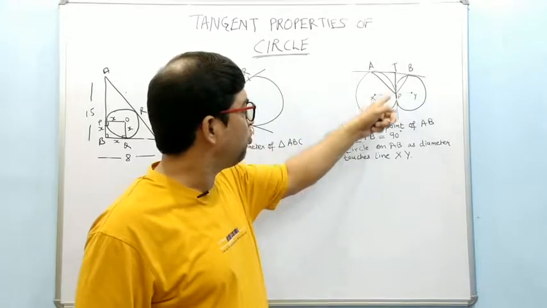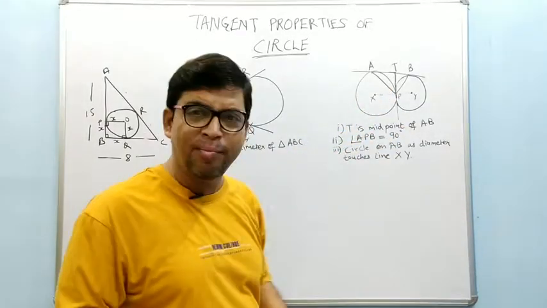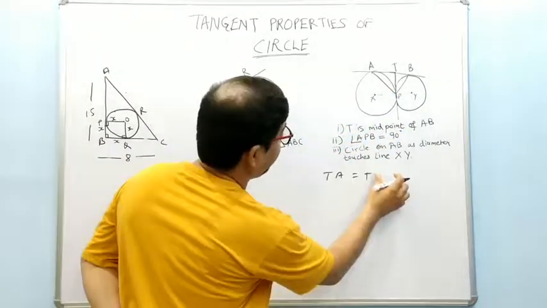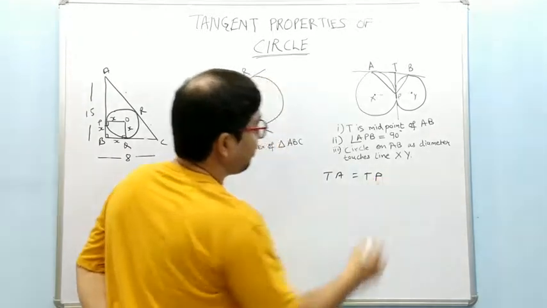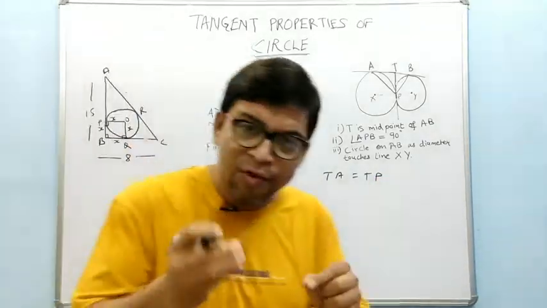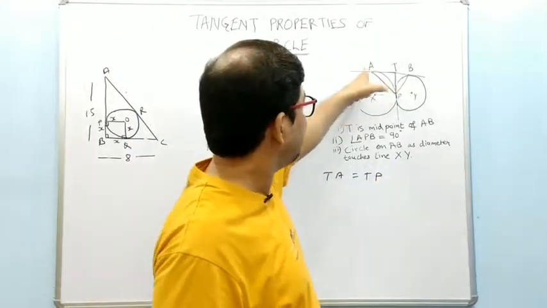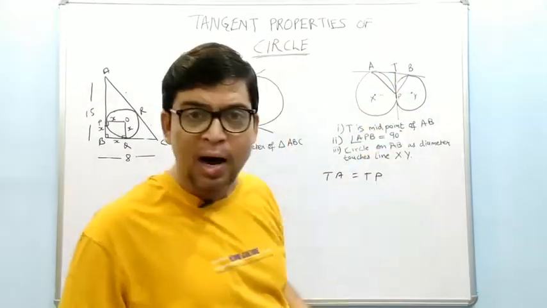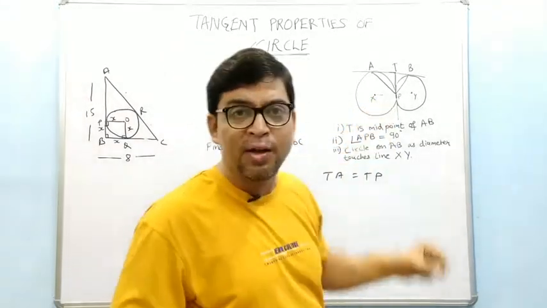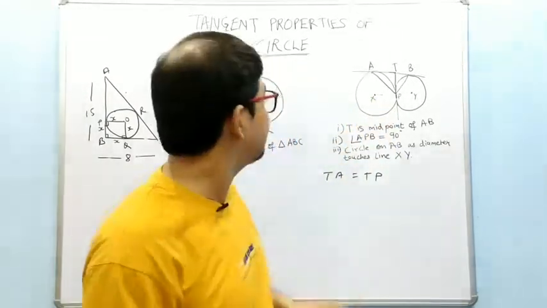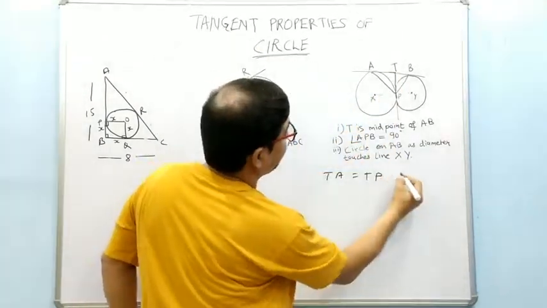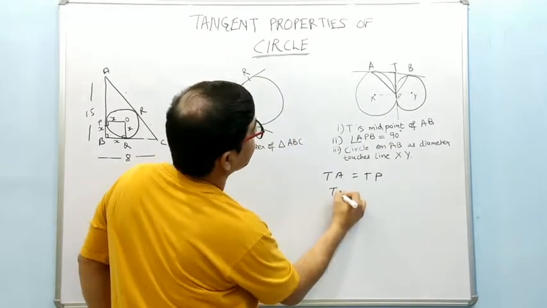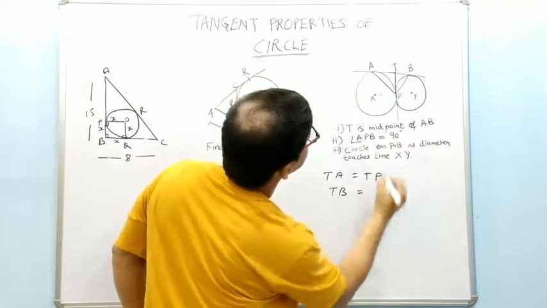First we need to prove that T is the midpoint of AB. So see here, TA will be equal to TP. Why? From external point T, two tangents AT and TP are drawn to the circle, first with center X. Now in the second circle, you see that TB is equal to TP.